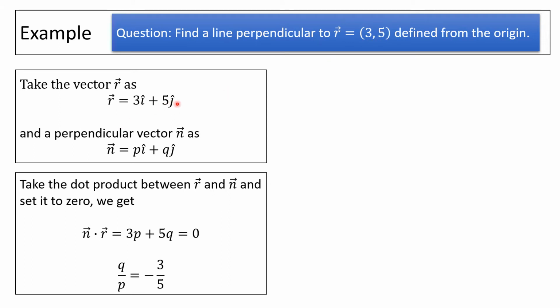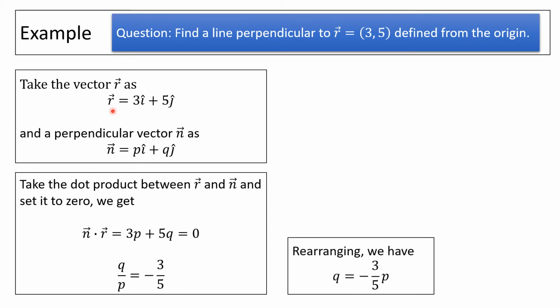Now let's write the vector perpendicular to this R vector to be pi plus qj. When you take the dot product, you will get q over p equals minus 3 over 5, and this is basically the line that is perpendicular to R.